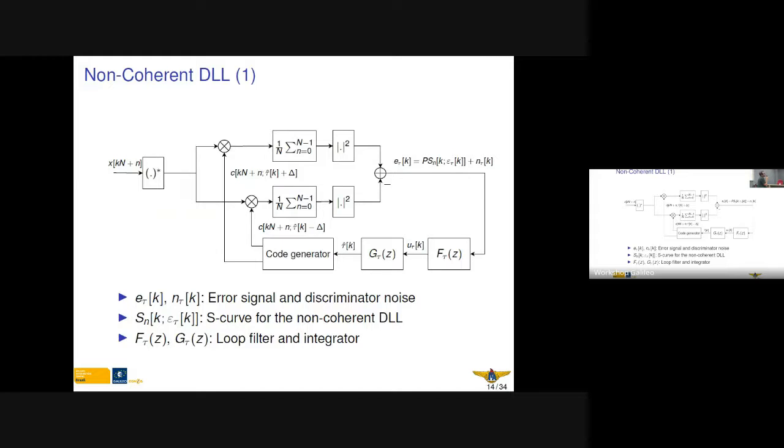So we have an error function here, e tau of x, and this is equivalent to ps, and this is the S curve of a non-coherent delay lock loop, dependent over time, so k, and parameterized by the tracking error epsilon tau of k, and remember the tracking error was tau minus tau hat, plus some noise, some discriminator noise, which would be then the noise of the early branch minus the noise of the late branch.